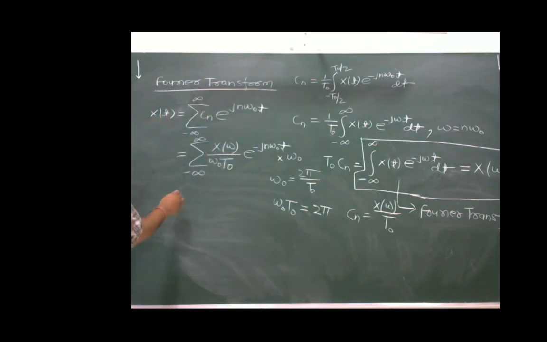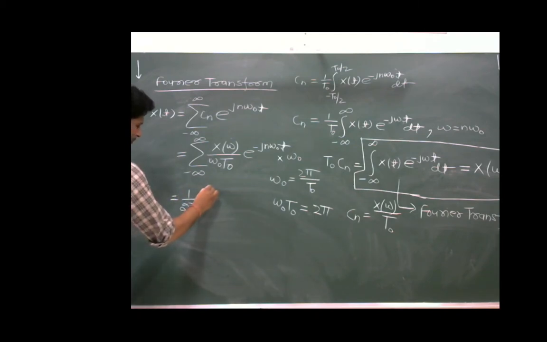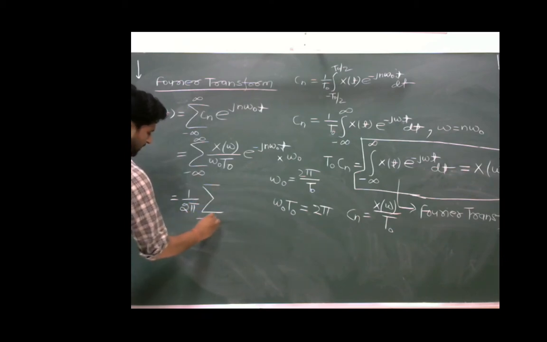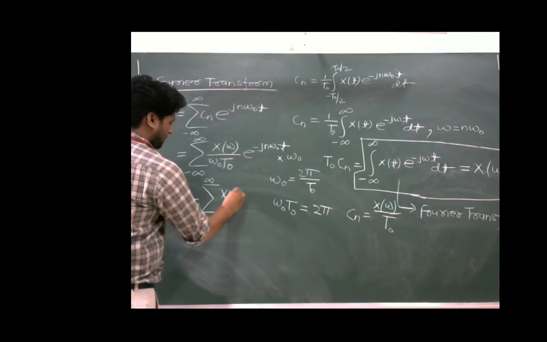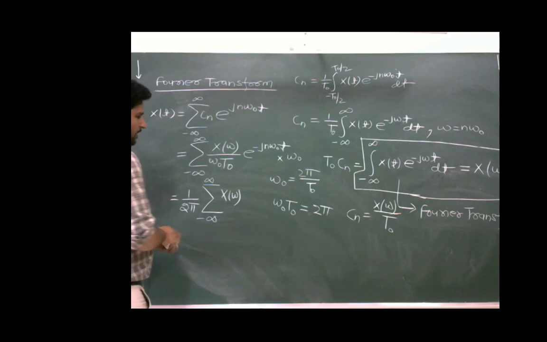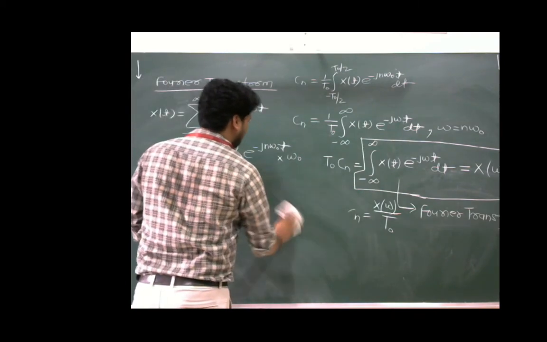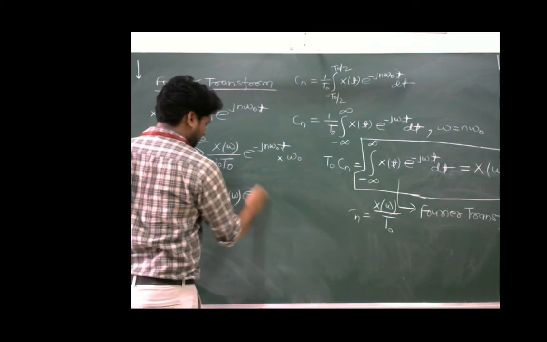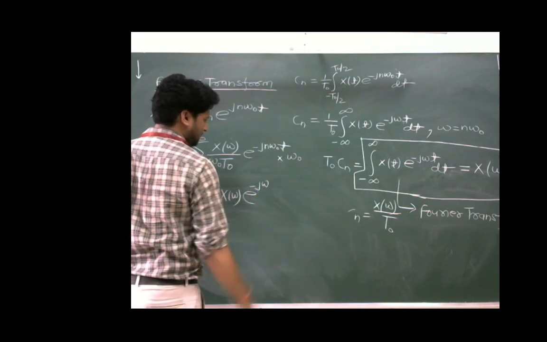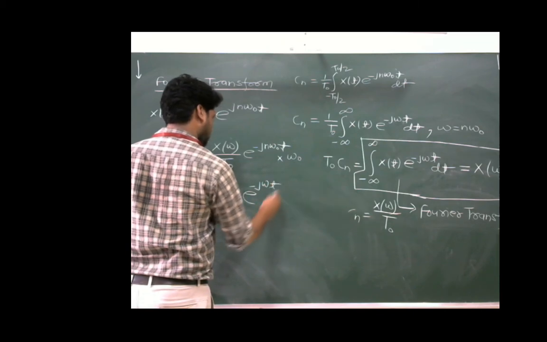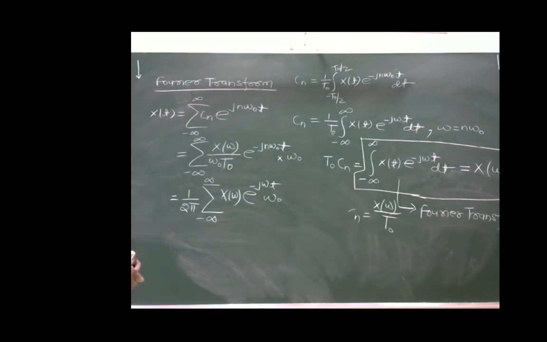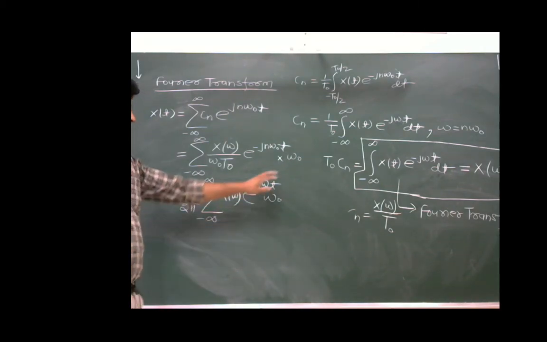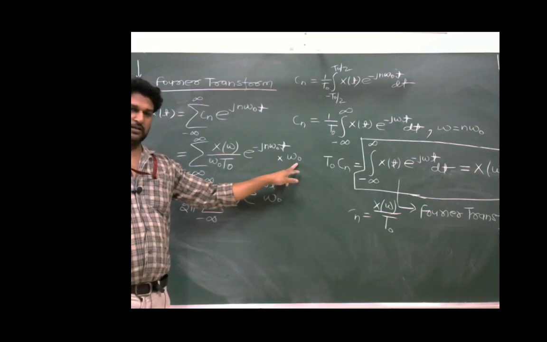So from here I can write it as 1 upon 2 pi, summation from minus infinity to plus infinity of X of omega into e power j omega t into omega naught.